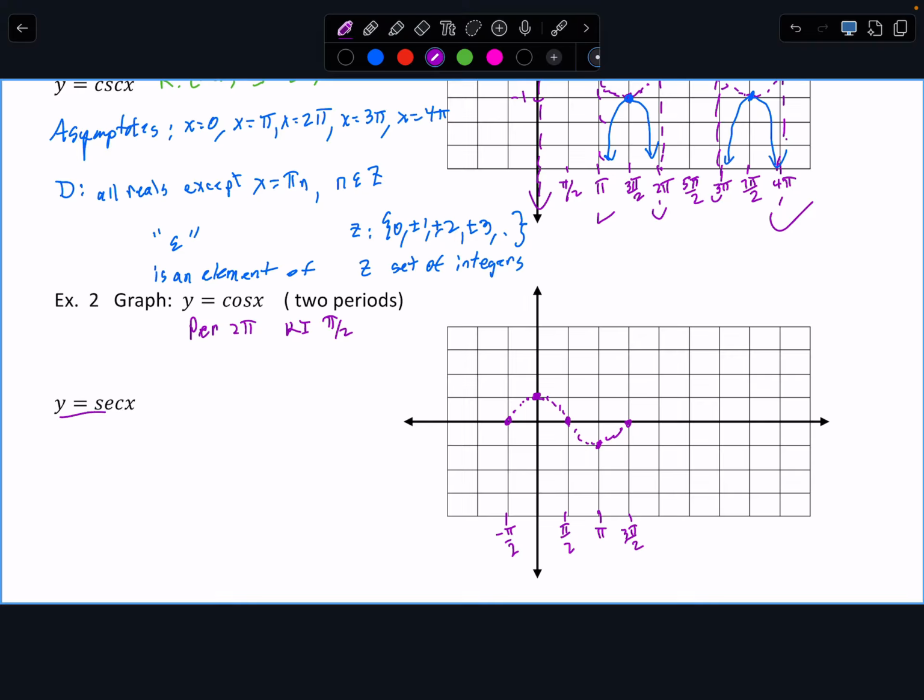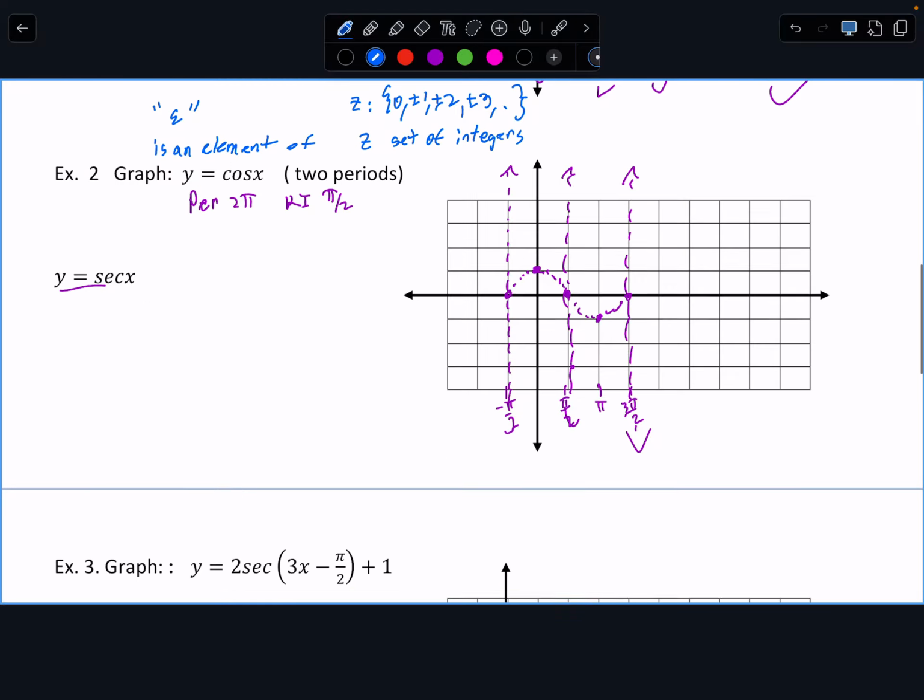And then for the secant, it's the reciprocal of cosine, where cosine is 0. When you flip it, you get 0 in the denominator, which is not possible, so you get asymptotes. And the one value that they agree on, where they meet up, is at 1, because the reciprocal of 1 is 1, and at negative 1, because the reciprocal of negative 1 is negative 1.